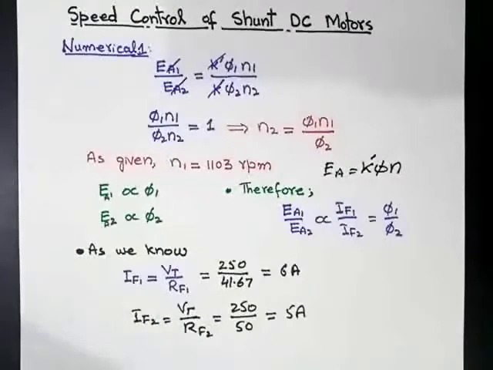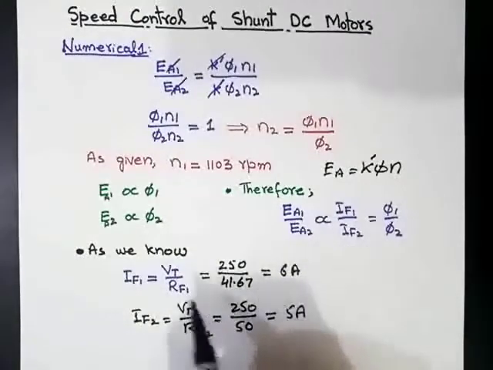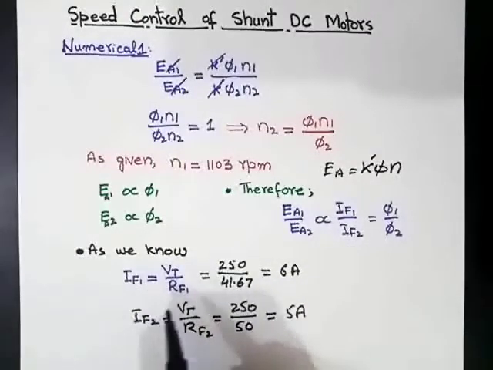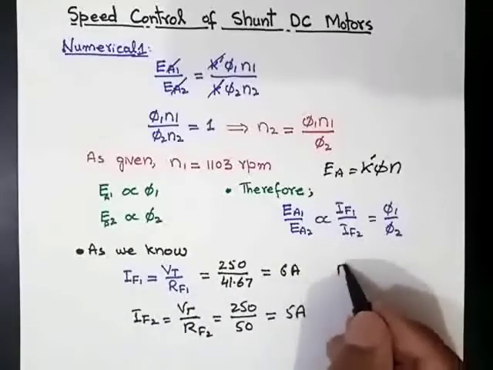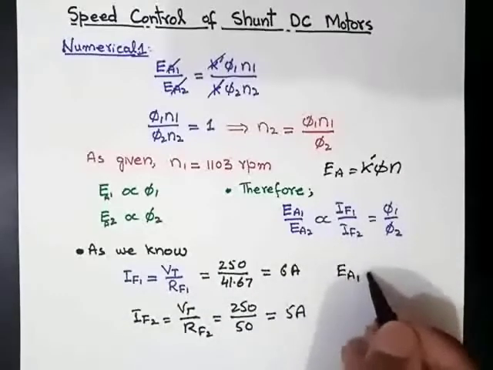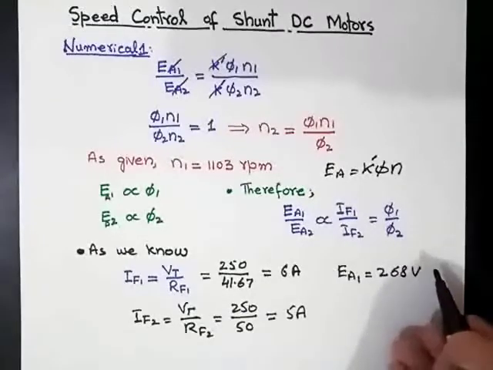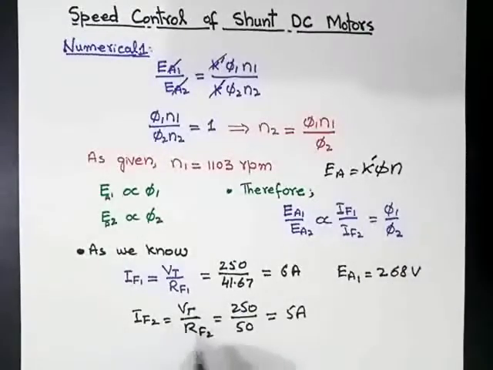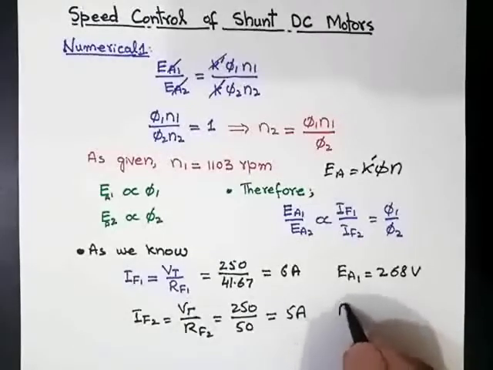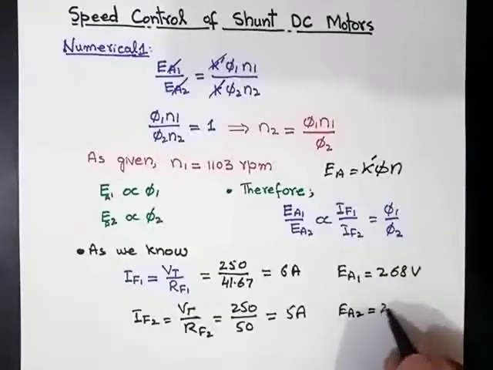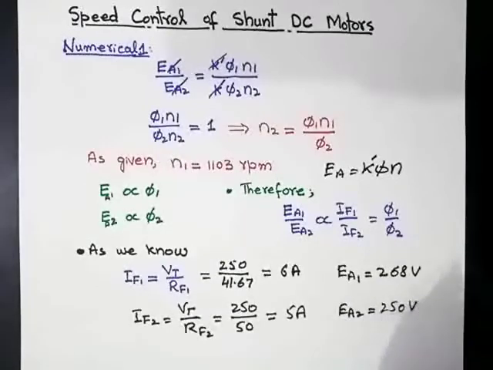Therefore, from the magnetization curve, when the value of field current is equal to 6 ampere, then the value of internal generated voltage is 268 volt. And at the current 5 ampere, the internal generated voltage EA2 is equal to 250 volt.